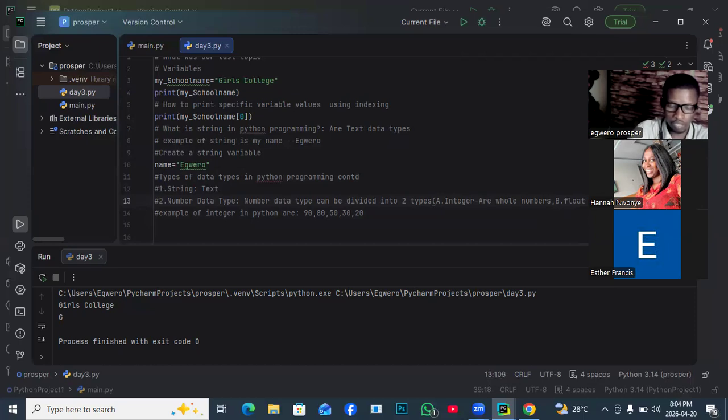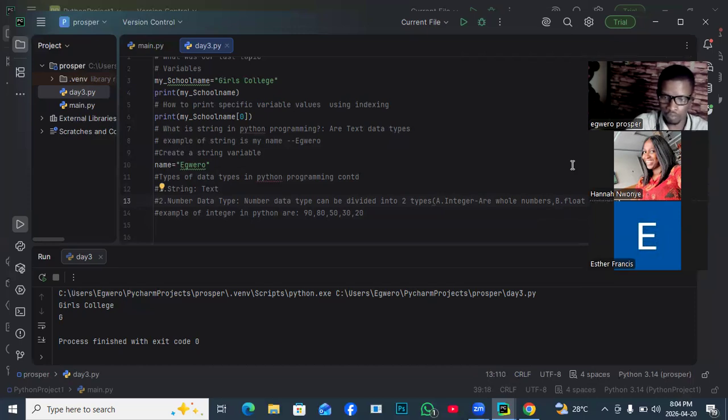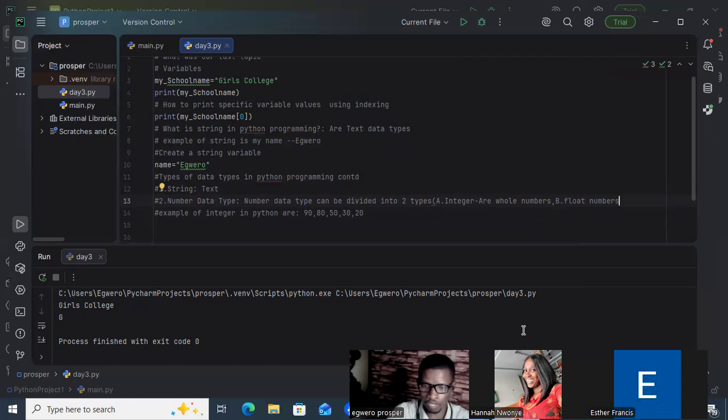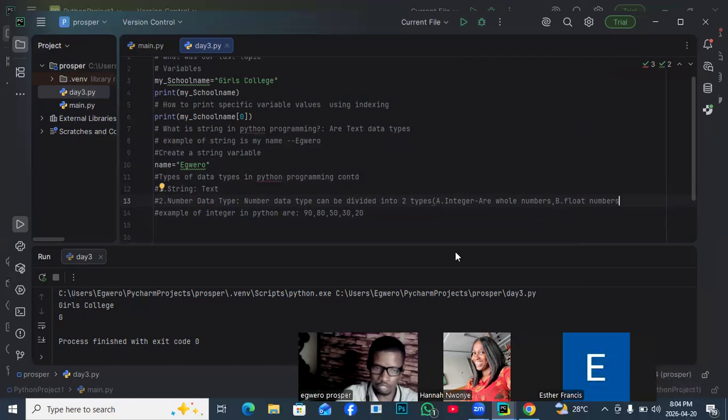Float numbers. Okay, float what? Numbers. That is the second example, float numbers. So let's look at the definition of float numbers in programming. I hope we are writing.